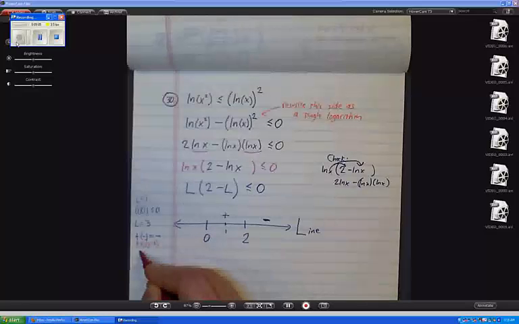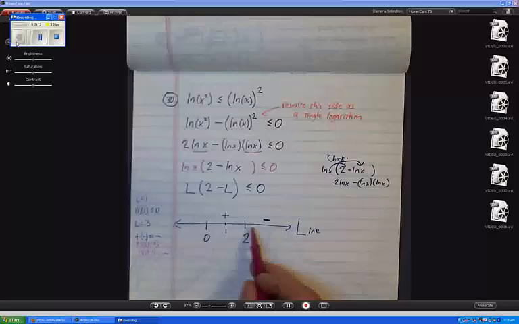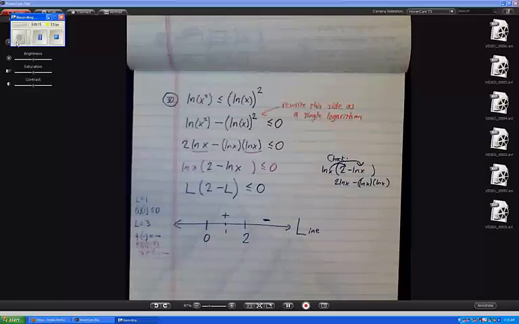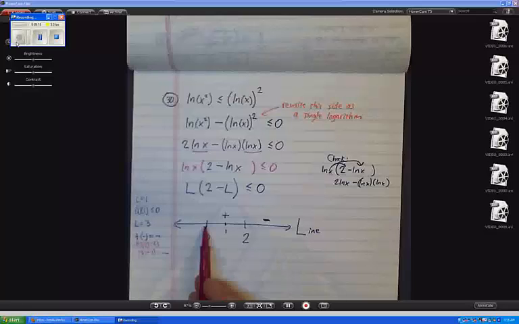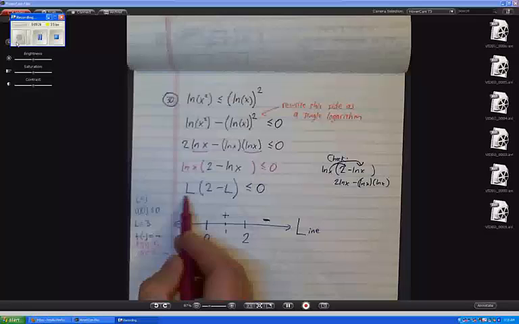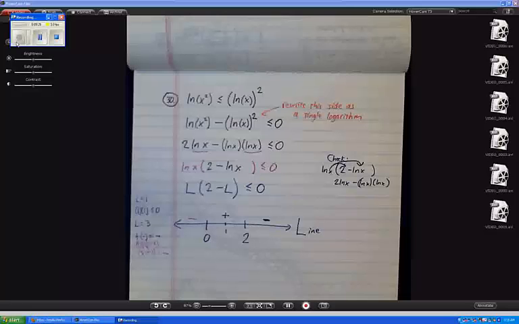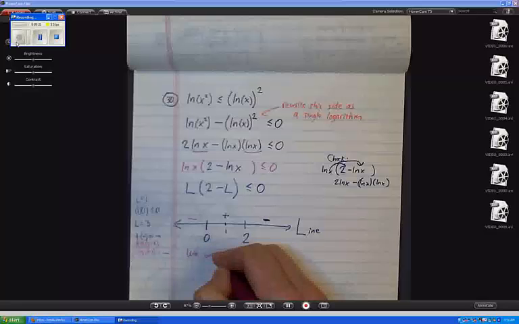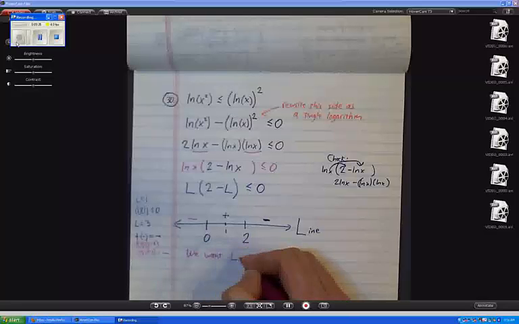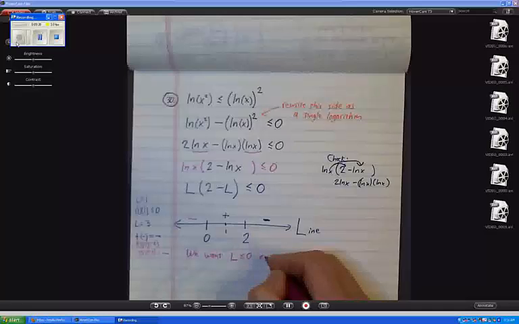So I get 3 times negative 1. And I claim no matter what I plug in from over here, once this gets bigger than 2, I'm going to be negative, right? And similarly, once L gets less than 0, this guy will be negative, even if that's positive, so the whole thing's going to be negative, okay? So here's what I'm going to say. We want L to be less than or equal to 0, or L to be what?